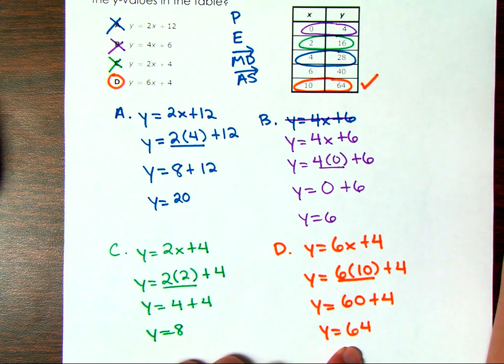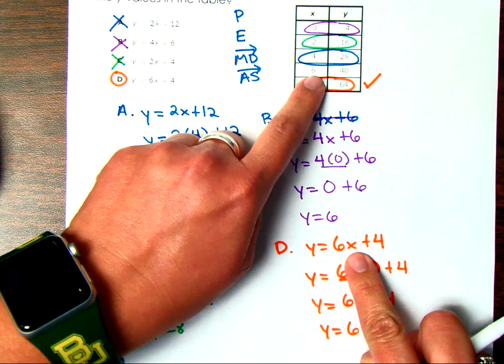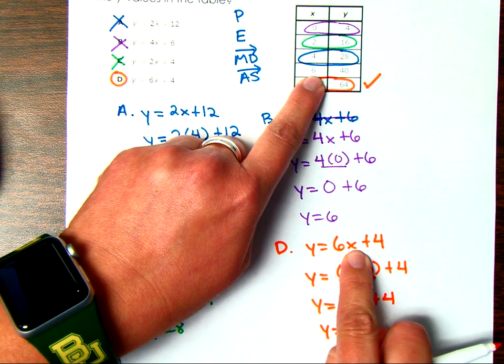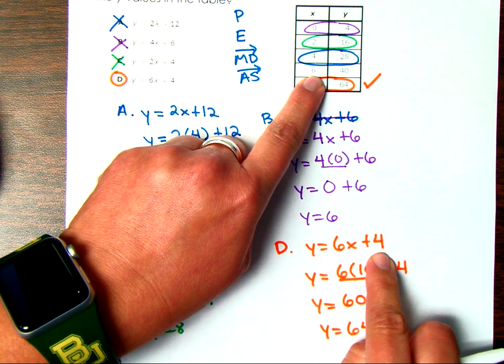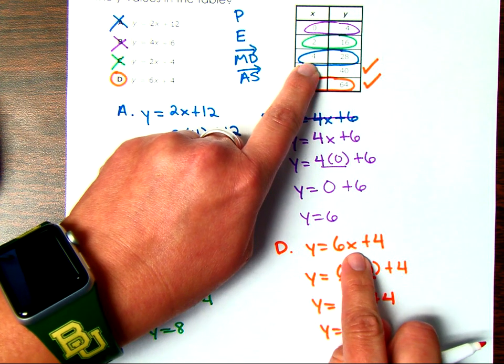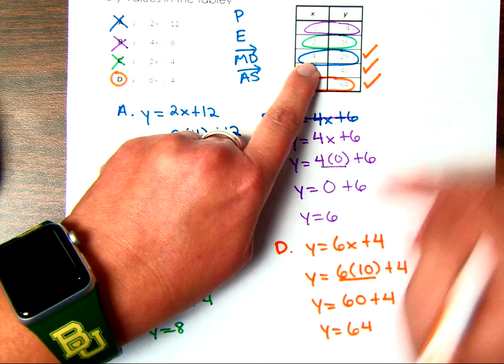Okay, ideally what we should be doing is checking all of these, but let's just talk about the math real quick. If we put 6 right here, 6 times 6 is 36. 36 plus 4 is 40, so that would work out. If I put 4 right there, 6 times 4 is 24. 24 plus 4 is 28. That would work out.